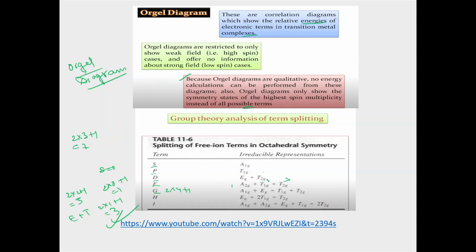Okay. So now if we see these two complexes, in both the complexes, cobalt is a d7 system, right? So for a d7 system, let's find out this: 1, 2, 3, 4, 5, 6 and 7. So here, cobalt hexaaqua 2 plus, and cobalt tetrachloro 2 minus.